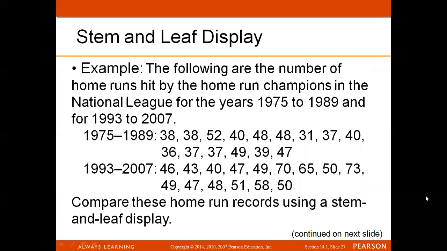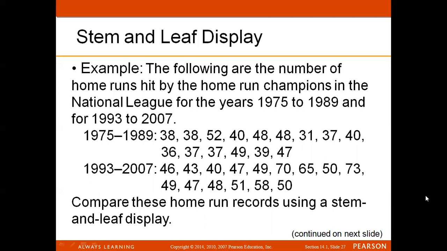Now let's look at the stem and leaf display. Here's our example. The following are the number of home runs hit by the home run champions in the National League for the years 1975 to 1989 and for 1993 to 2007.